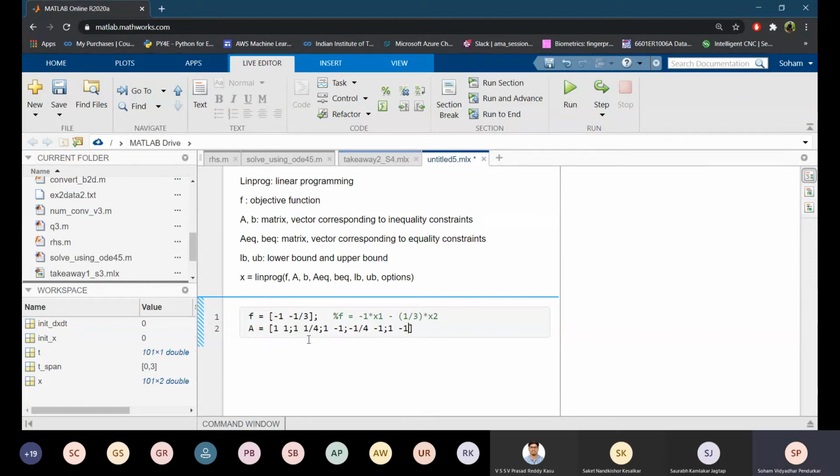I cannot take random values here because we might not land up on a solution.